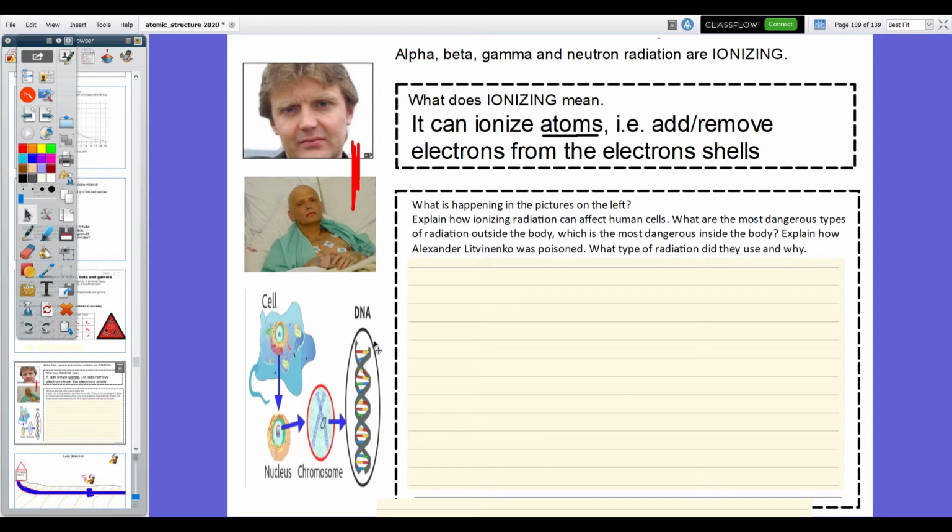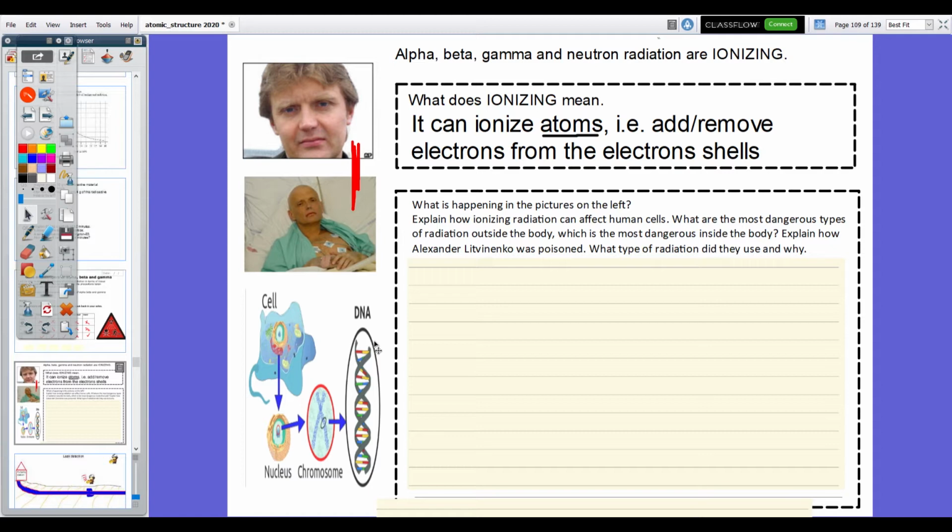If you ionize atoms in the base pairs, you can cause some damage to the cell. If that's extreme damage, that could mean cell death. Lower levels of damage might cause unwanted mutations, which can lead to things like cancer.